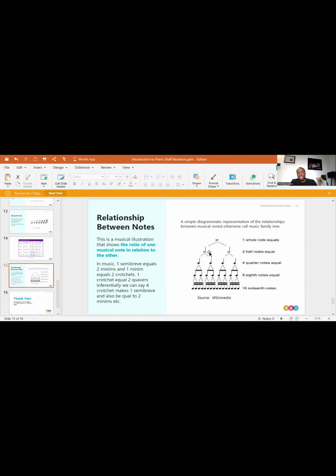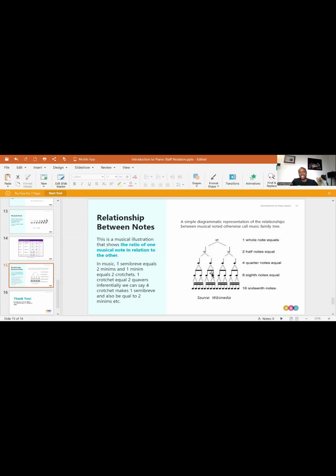So we could say that 2 minims make 4 crotchets. 4 crotchets give us 8 quavers. 8 quavers give us 16 semiquavers, in that order. So if you look at 1 minim, 2 crotchets, 4 quavers, 8 semiquavers. 1 quaver equals 2 semiquavers, in that order.